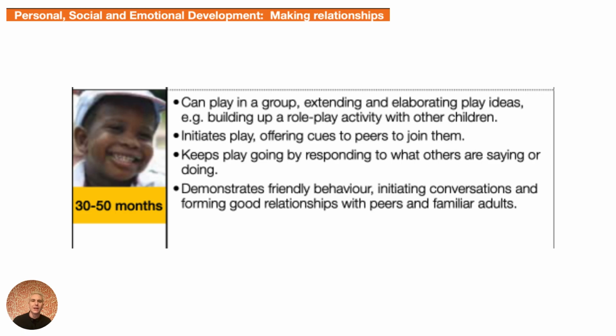When you're finished, you start to look at these milestones, you link the milestones, and you would note in your evaluation which milestones the children you've been observing are secure in, which are emerging, and you can use these milestones to support you in identifying next steps for the children.